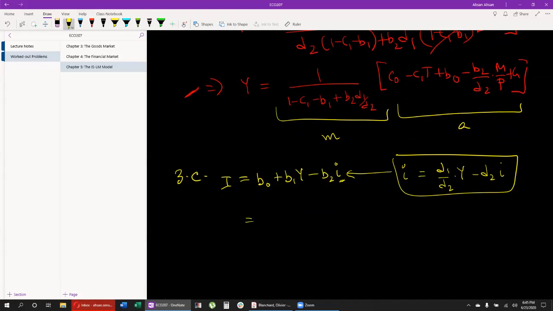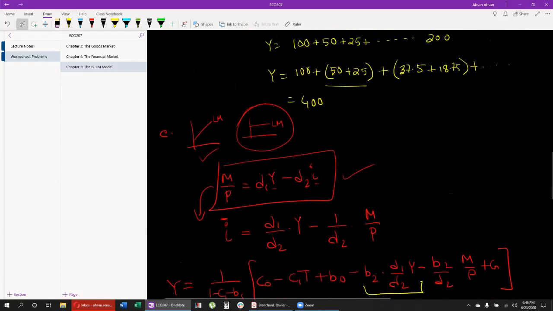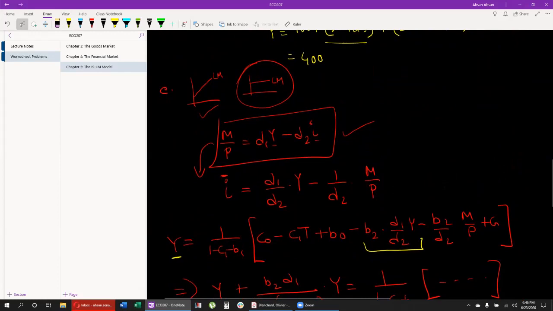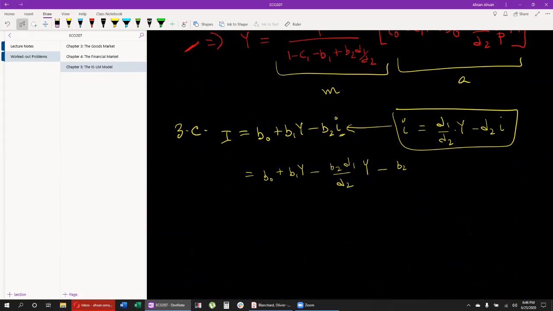What we are going to get is B0 plus B1Y minus, and now we bring this in. So B2 D1 by D2 Y minus B2. Wait, have I copied this correctly? Right, this is 1 by d2. I've made a mistake here.